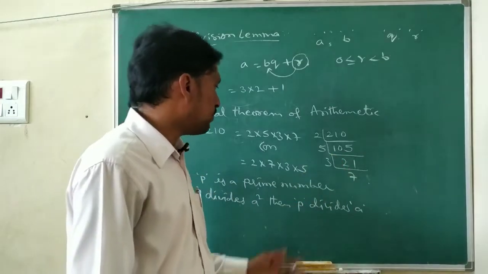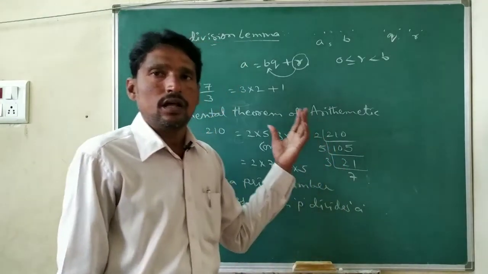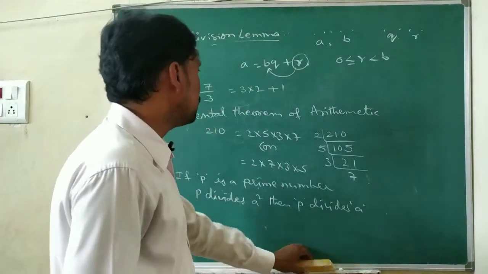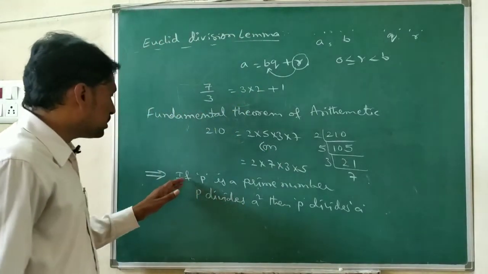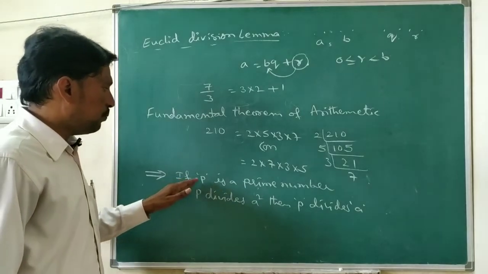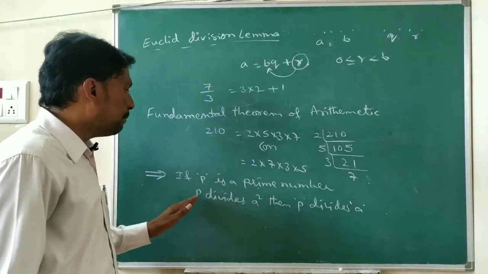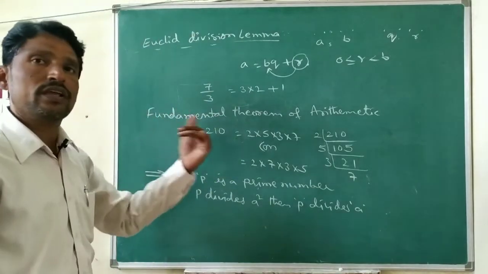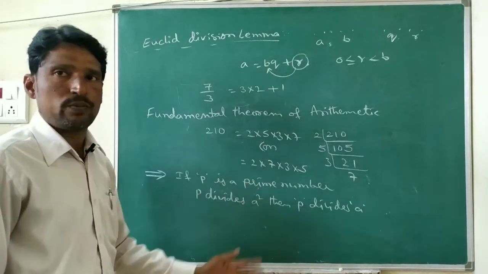Some concepts are there on the combination of rational numbers and irrational numbers. So the statement is: if p is a prime number and p divides a square, then p divides a. We use these statements in the problems. That's why I am explaining all this.